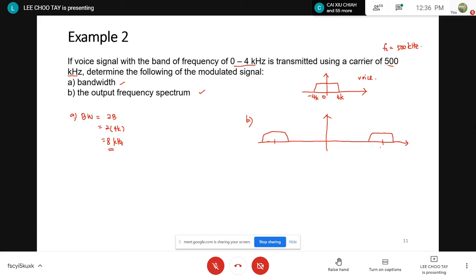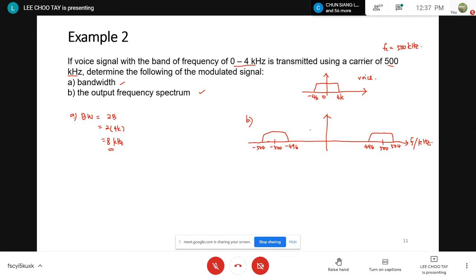My highest frequency in my voice signal is 4K, so this is 504, and then minus 4 will be 496. Same thing on this side: this is minus 500, so this will be minus 496, and this will be minus 504.